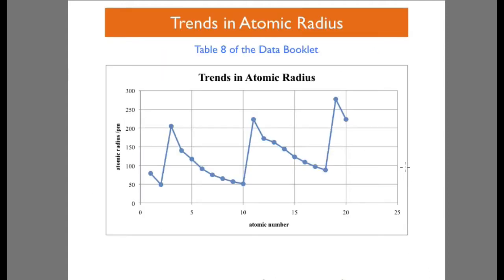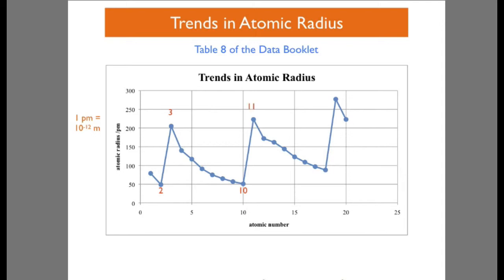Let's have a look at trends in atomic radius. 1 picometer is 10 to the minus 12 meters. You can see a big jump in atomic radius as you go from helium to lithium. Obviously you're adding another energy shell, or another energy level there. Then you get a gradual decrease in atomic radius as you go from sodium along the row to argon.